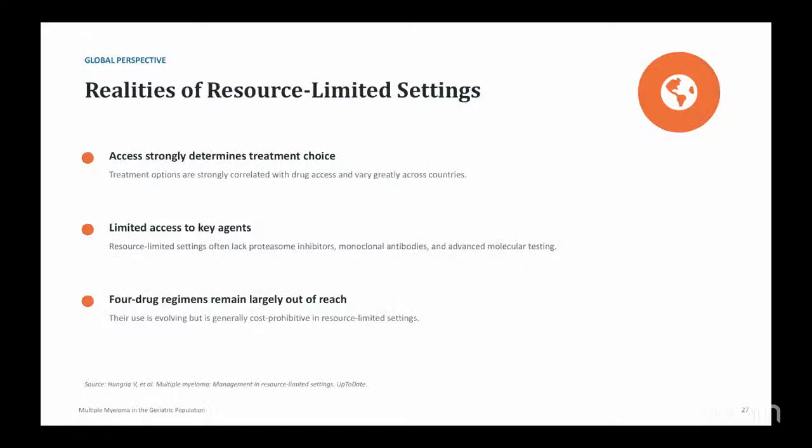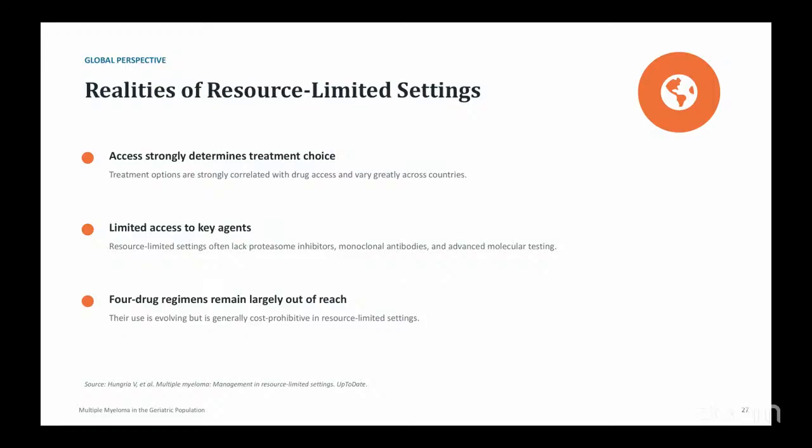Okay, now, ideally, guidelines should be followed. However, ideal guidelines do not always match local resources. So sometimes in areas, in third world countries, access to advanced therapies, transplant, or even molecular testing can vary.